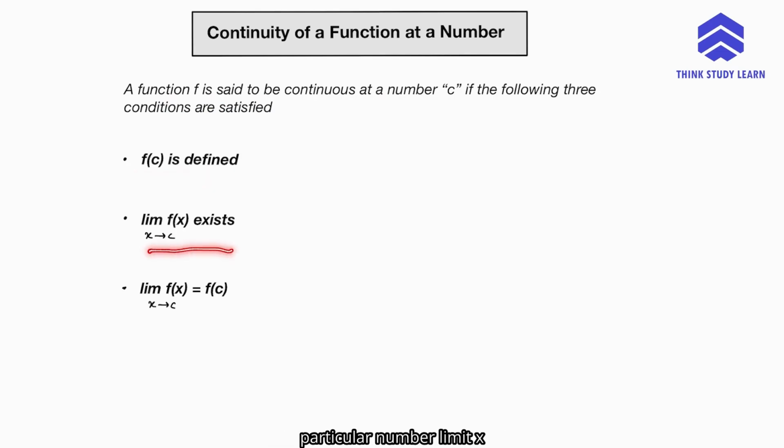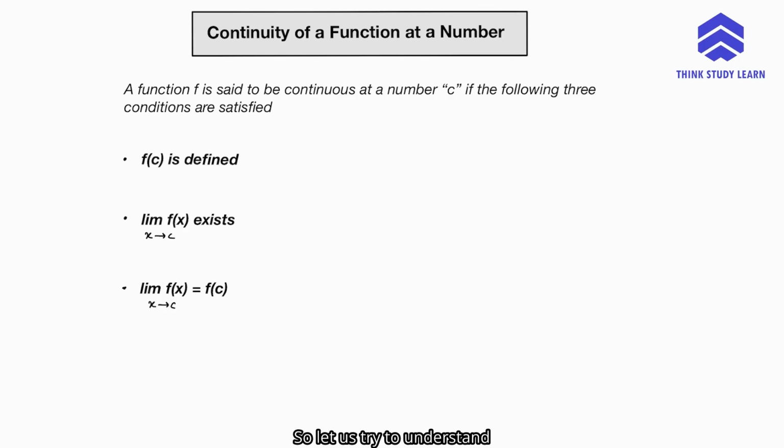Second, the limit as x approaches c of f(x) exists, that the limit exists when x approaches that specific number. Third, the limit is equal to the value of the function at that specific number. If all the three conditions are satisfied, we say that the function is continuous at that specific number.